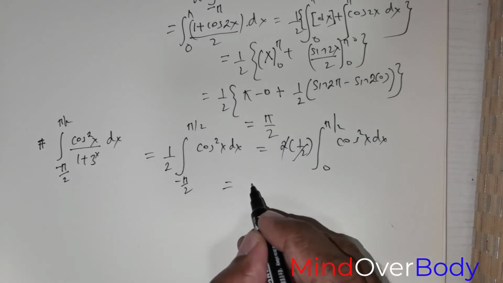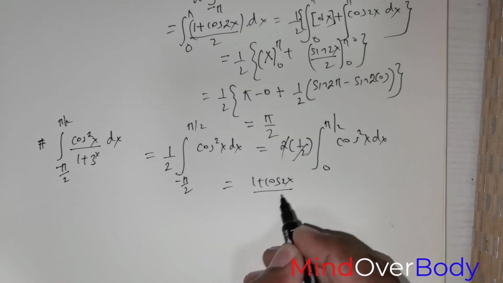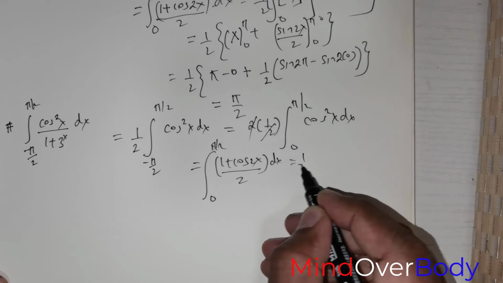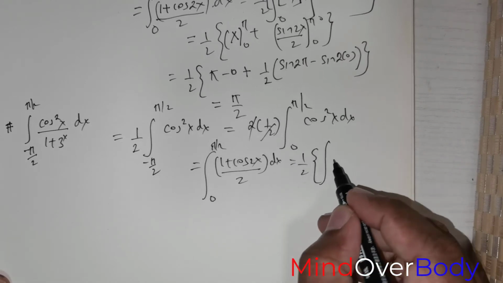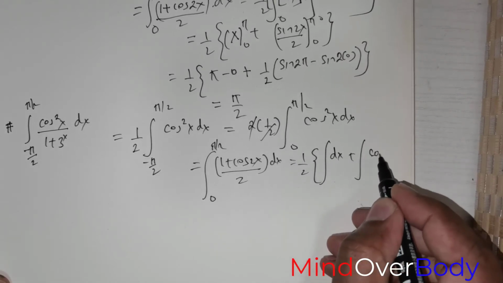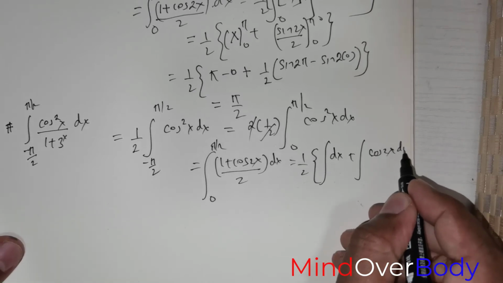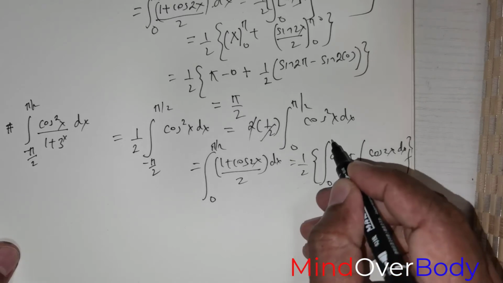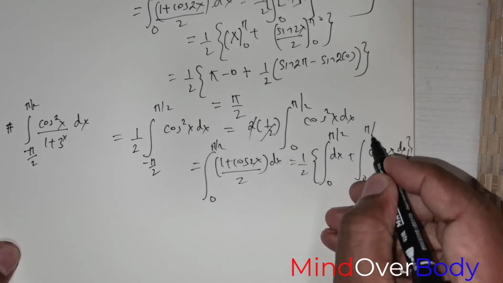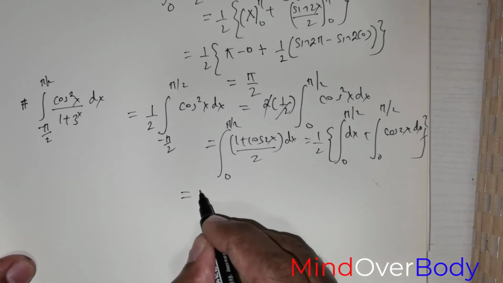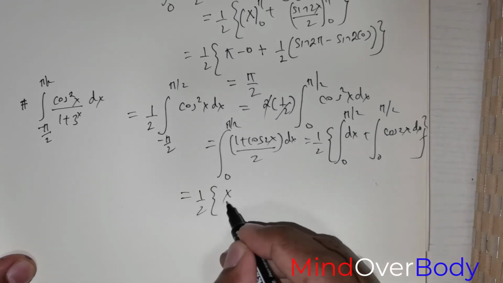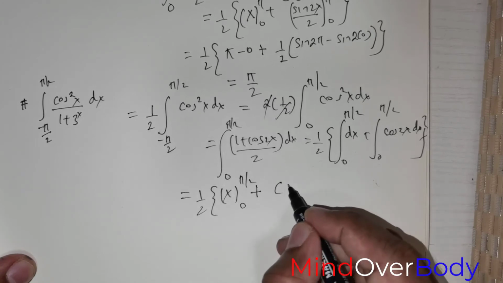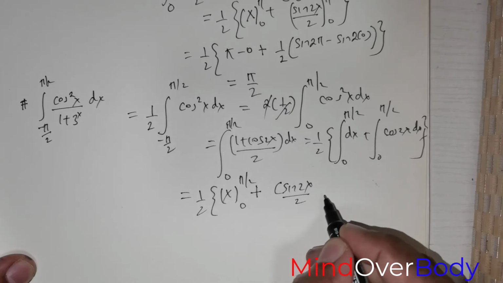This is going to be 1 plus cos 2x divided by 2, 0 to pi over 2, times dx. I can take 1 over 2 out. So this is going to be integral dx plus integral cos 2x dx. Of course, the limits are 0 to pi over 2. This is equal to 1 over 2 times the integral of dx, which would give me x, 0 to pi over 2, plus the integral of cos 2x, which is sin 2x divided by 2.